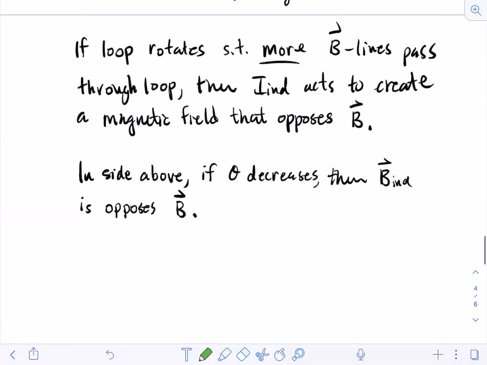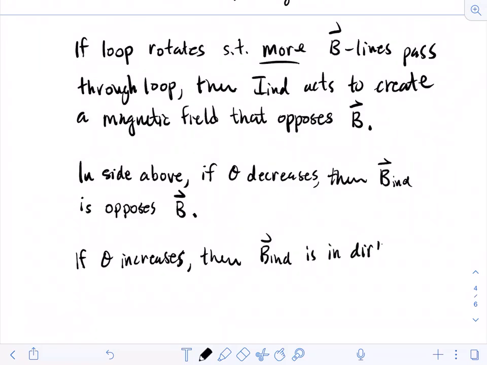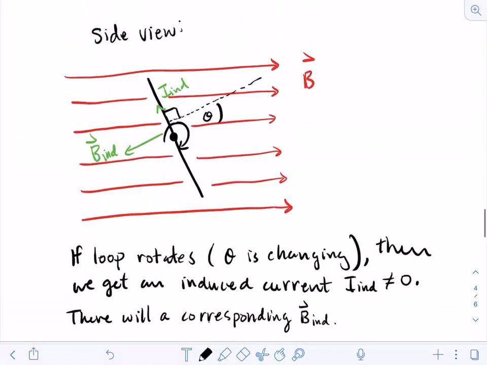On the other hand, if theta increases, then B induced is in the direction of the external B. So what does that mean?